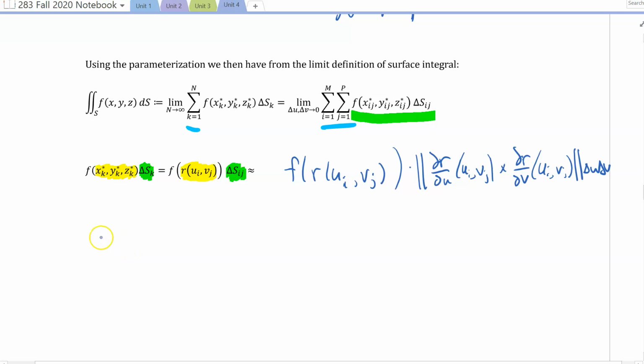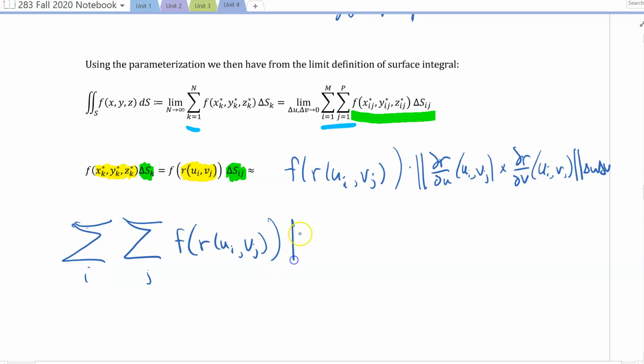Okay, so just putting that into the Riemann sum, what would we have? We would have the double sum on i and j, and then, just rewriting this expression down here for convenience, I'm not going to put the dependence on where we're evaluating both of these partial derivative vectors.